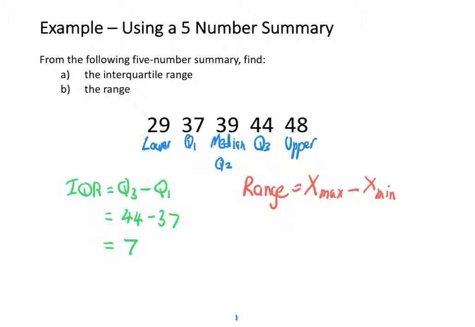So in our 5-number summary, that's the upper extreme and the lower extreme. So the upper extreme is 48, the lower extreme is 29. So the range is going to equal 48 minus 29, which is equal to 19. So the range of the 5-number summary in our example is 19.